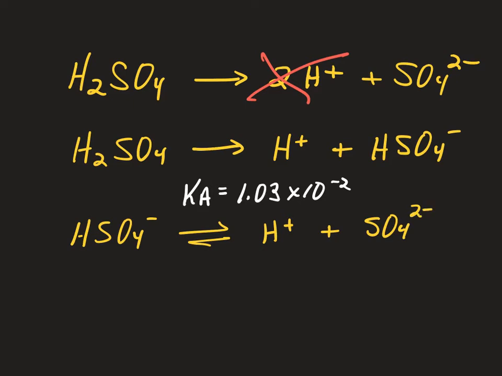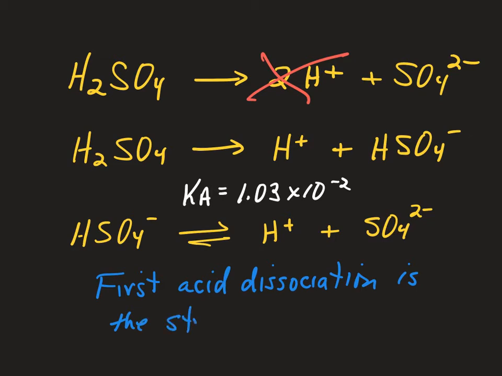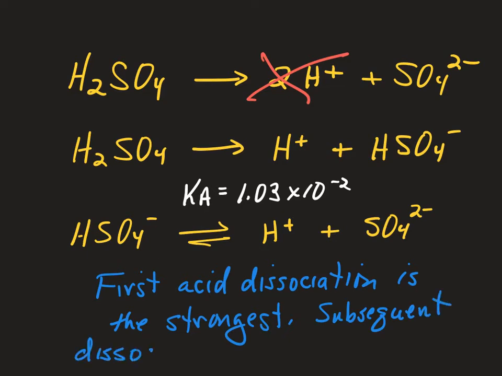And so the second hydrogen ion comes off in equilibrium with the sulfate ion. This illustrates a principle of polyprotic acids: the first acid dissociation is the strongest, and subsequent dissociations get weaker as we go.